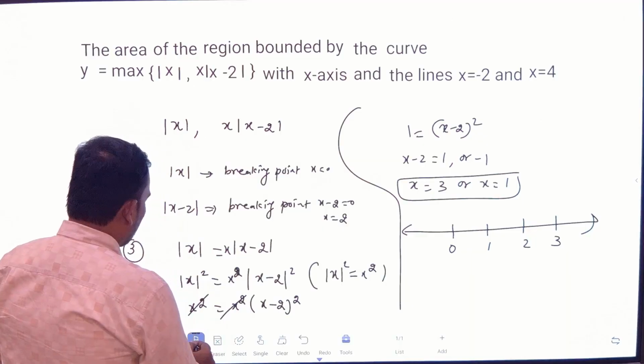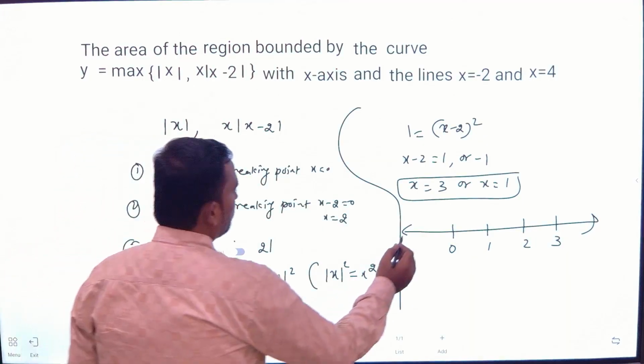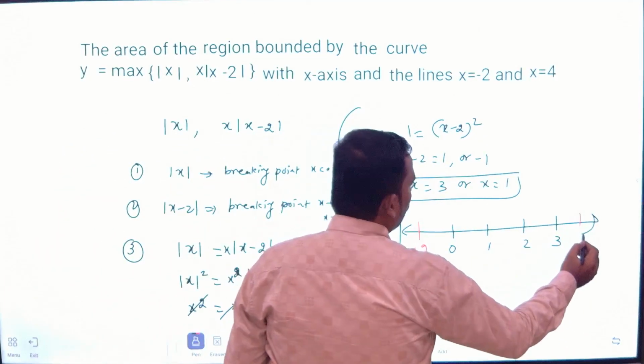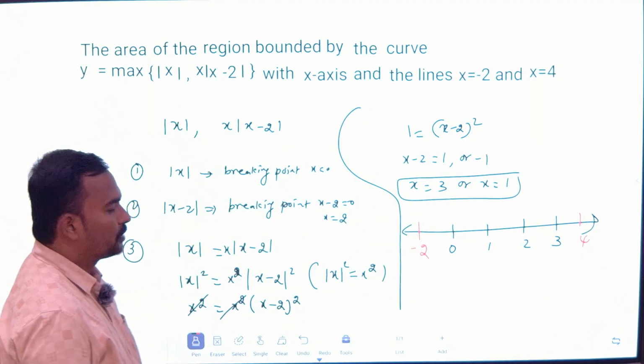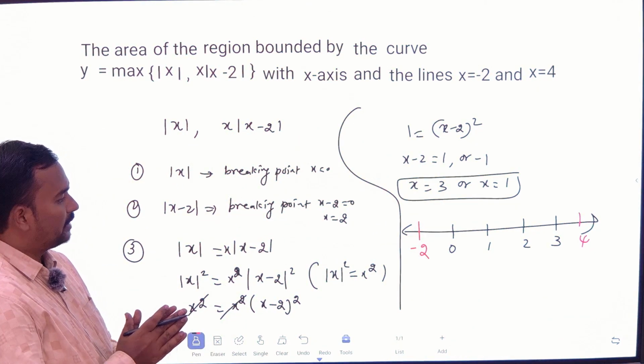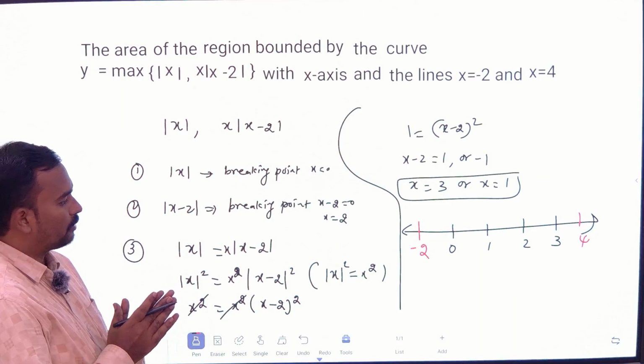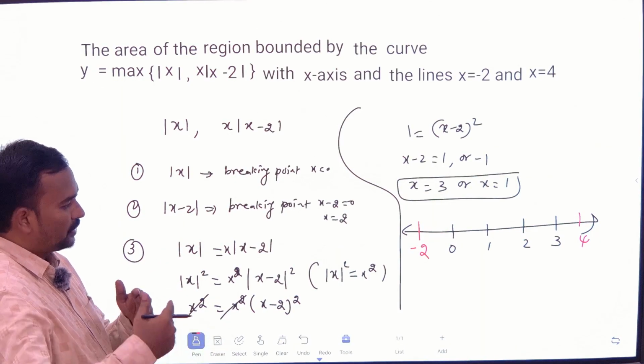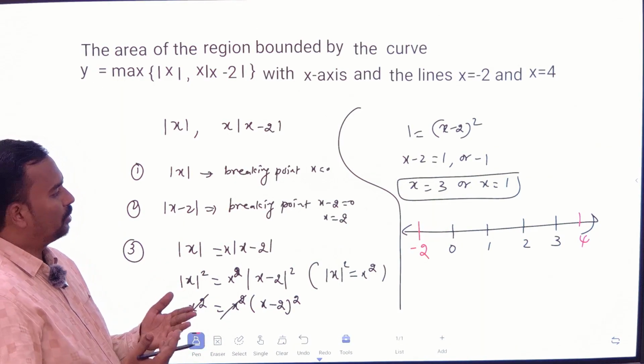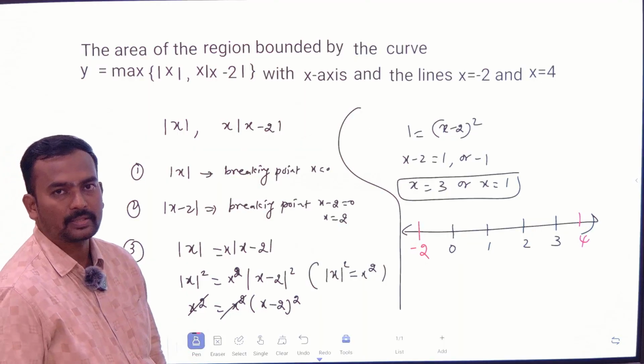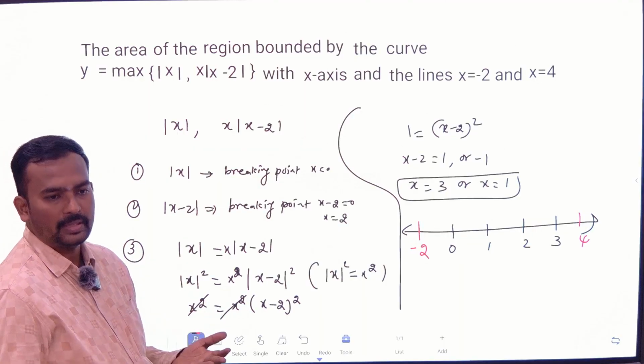So you have to include from minus 2 to 4, right? The whole real interval from minus 2 to 4, you have to break into minus 2 to 0, 0 to 1, 1 to 2, 2 to 3, 3 to 4, and check the behavior of the functions, right?